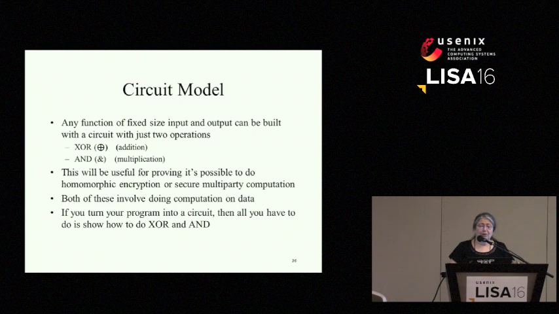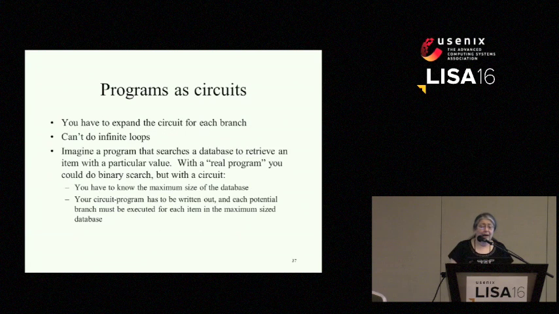Both homomorphic encryption and secure multi-party computation involve computation on data. The way you come up with one of these schemes is you assume that whatever program you wanted to run on the data has been turned into a circuit, and then all you have to do is figure out how to do these two operations, and voila, you've proven it works.